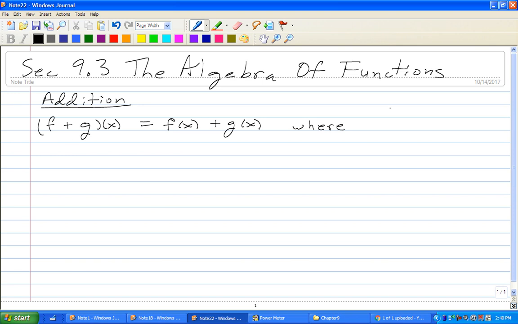The domain of f plus g is just equal to the domain of f intersect the domain of g. So I've both given you the rule and the domain. So I've given you what the function is.